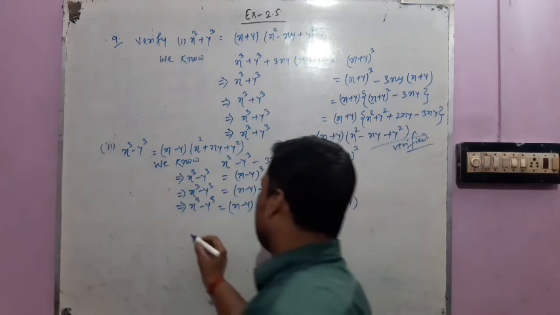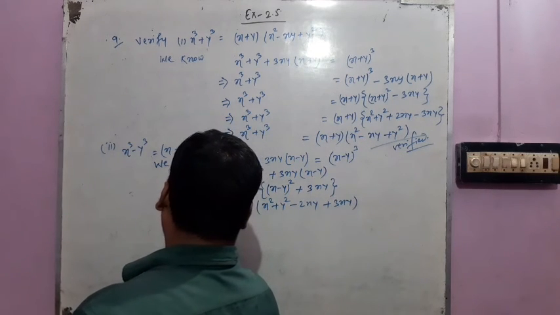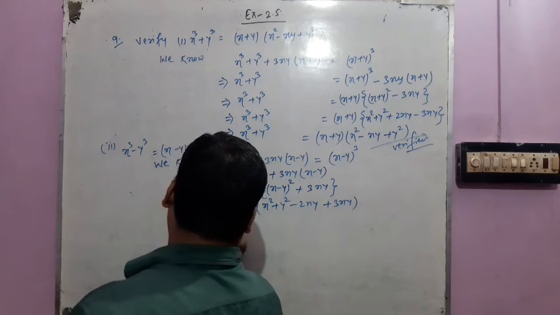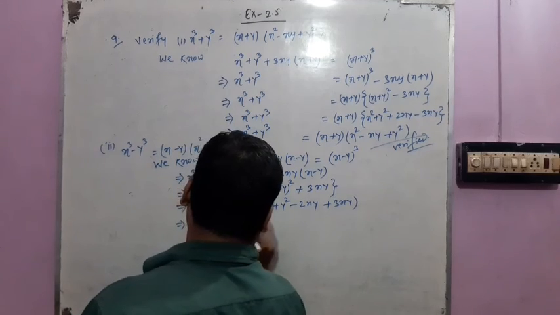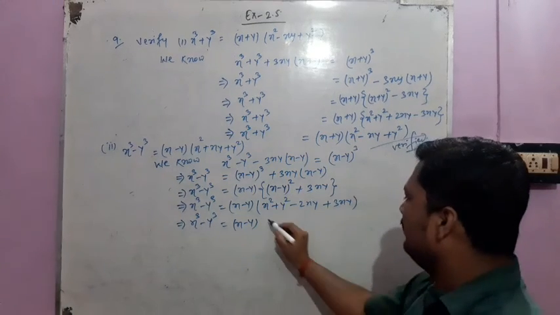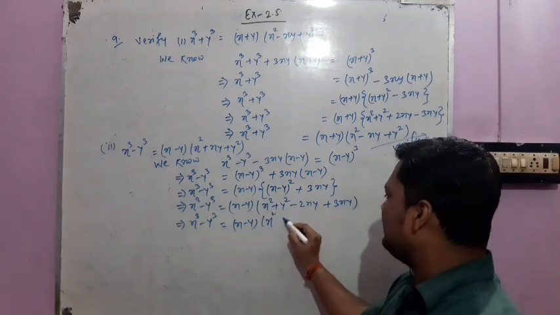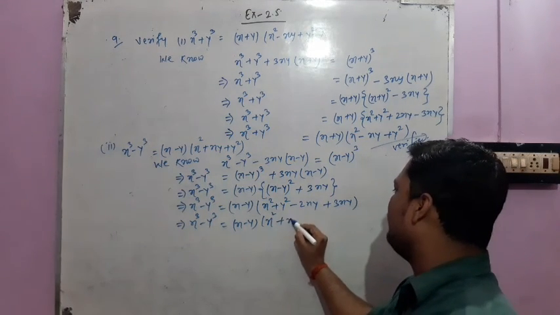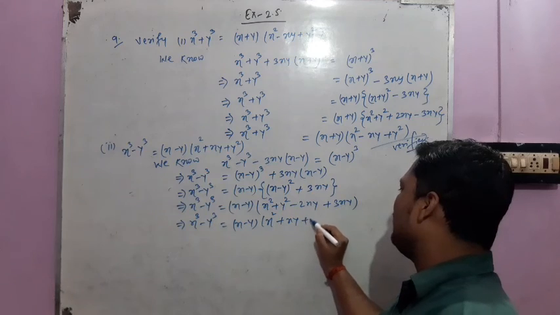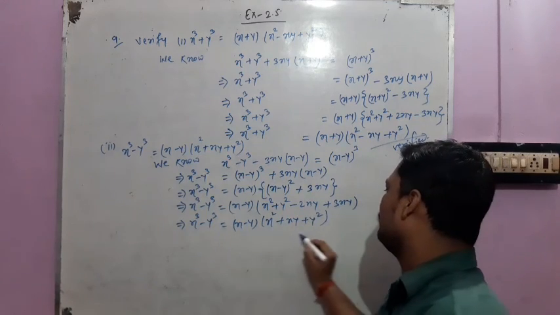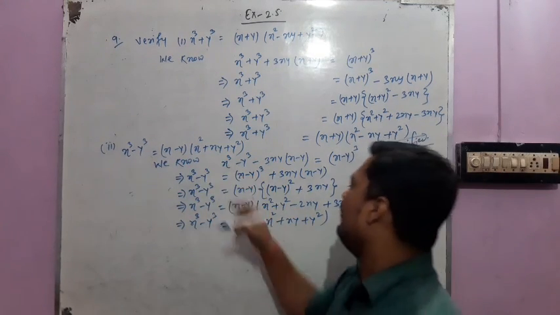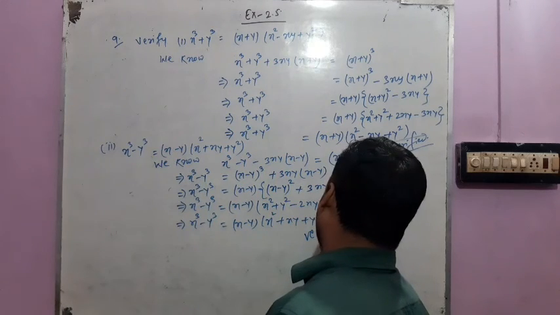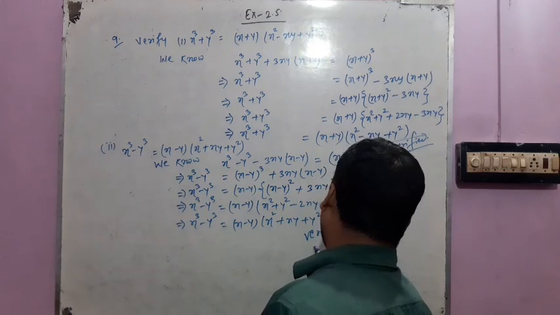Now continuing the terms here, x cube minus y cube is equal to (x minus y) into x square, and when we add the terms, we get plus xy and here plus y square. That is the result that we have to get here. So we write here: verified.